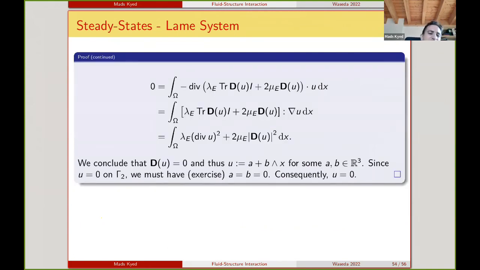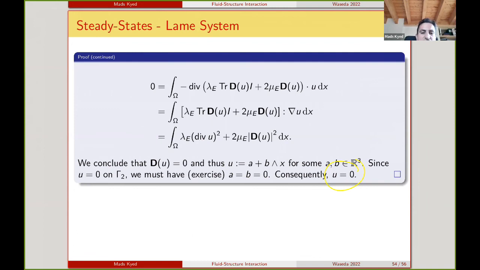This is the same integration as before, and I get that the divergence of u and the symmetric part of the gradient of u are 0. Again, the same argument, then u is a rigid motion, but I know that the solution is also 0 on the outer boundary. This rules out a non-trivial rigid motion. So in fact, I have u equal to 0.